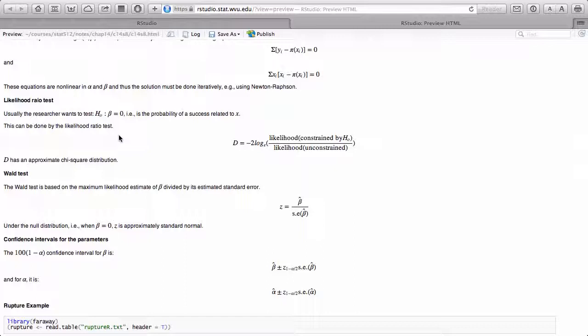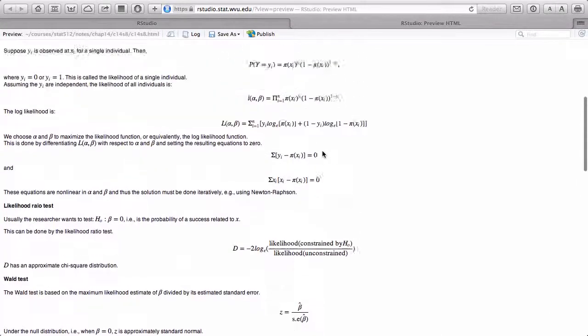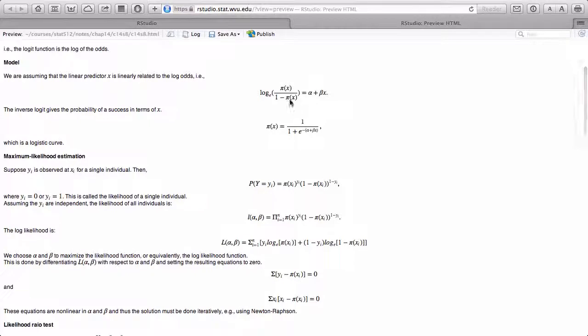Well, we test it by what's called a likelihood ratio test. The likelihood ratio test is minus 2 times the log base e, these are natural logs by the way, of the likelihood constrained by the null hypothesis over the likelihood unconstrained. So in other words, under the null, the log odds are simply alpha.